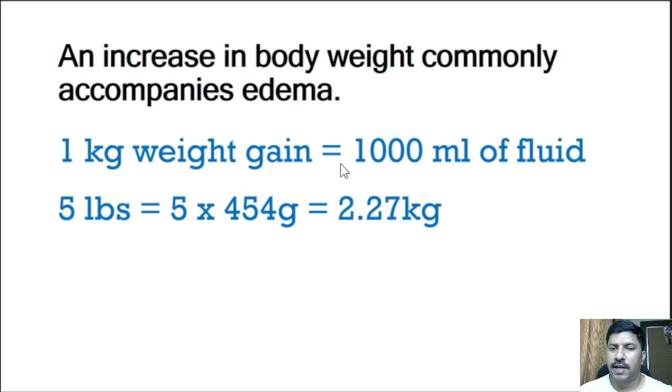If 1 kilogram is equal to 1000 milliliters of fluid, then 2.27 kilograms is equal to 2270 milliliters. In the options there is 2300, which is approximately equal to 2270 milliliters, so we can select 2300 as the answer.